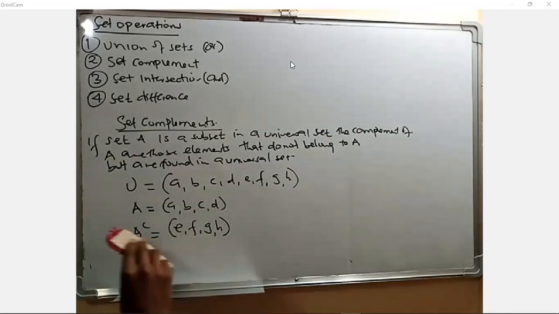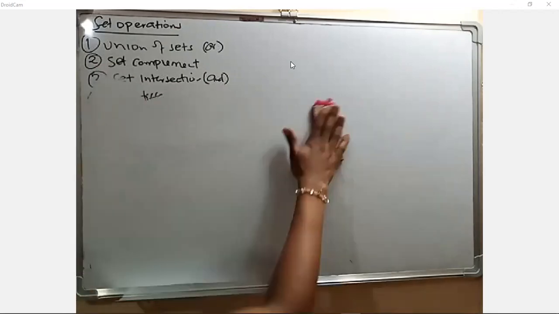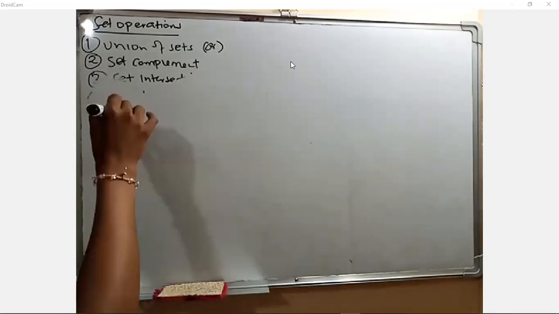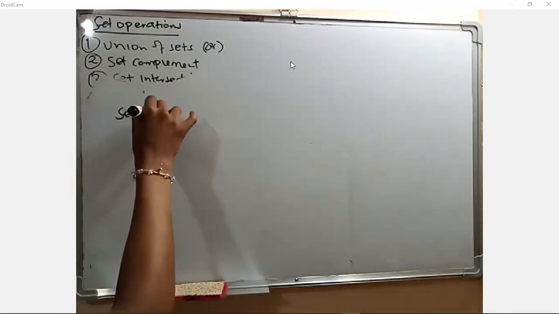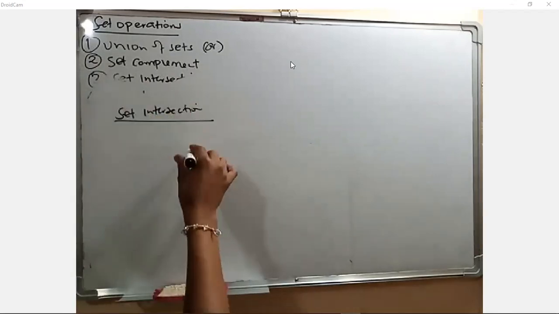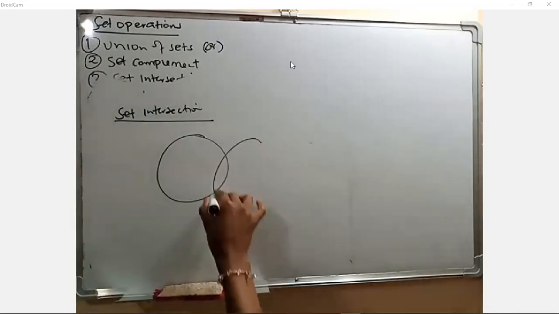From there, I just want to look at set intersections. Set intersection is what two sets are sharing. It normally looks like this. This is set A, for instance, and then we have set B here.